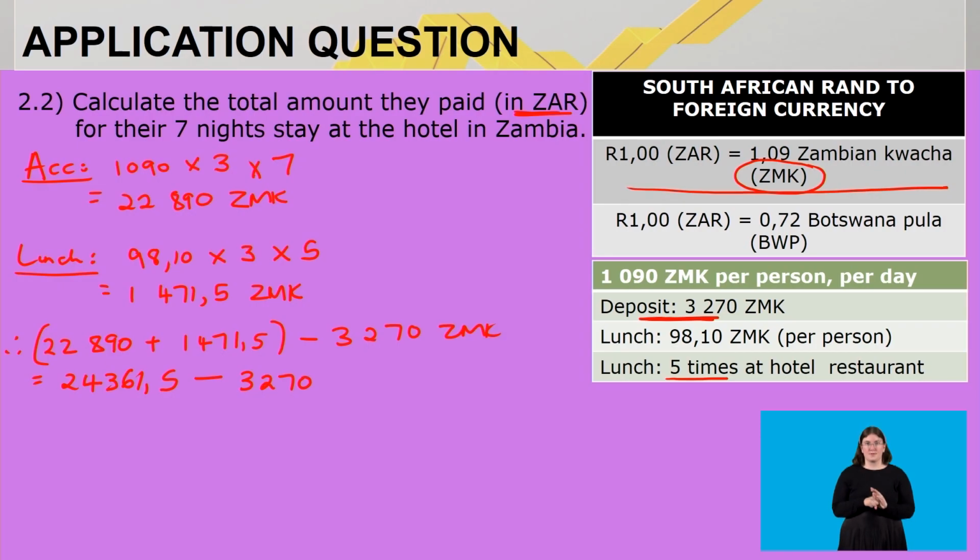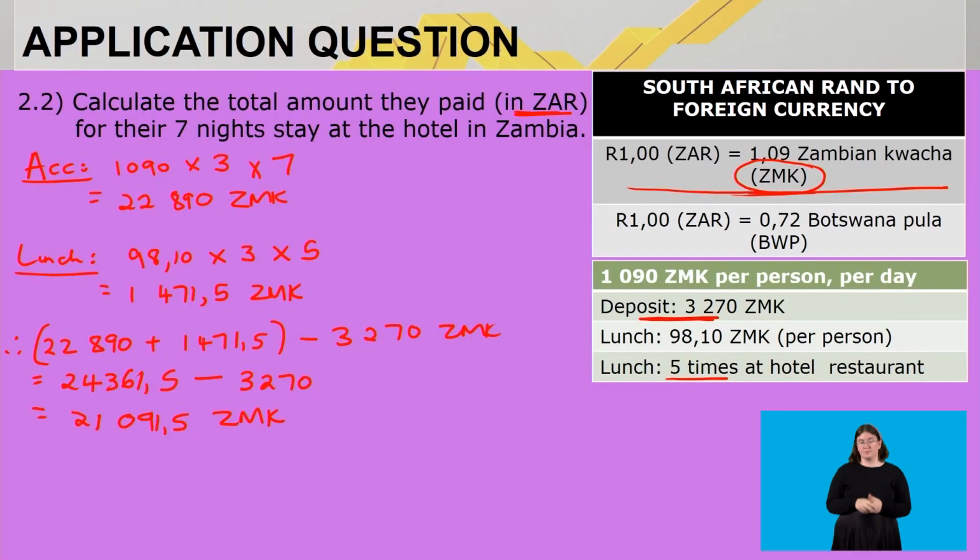So minus 3,270. So that will give us 21,091.5 ZMKs, Zambian kwacha.